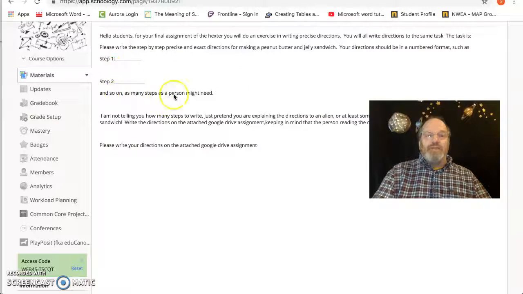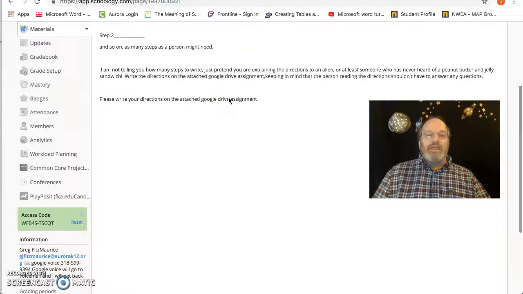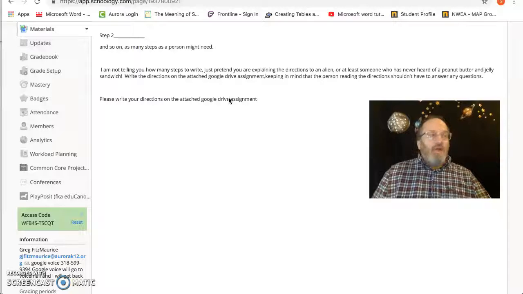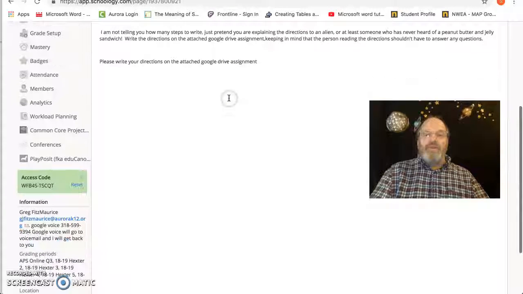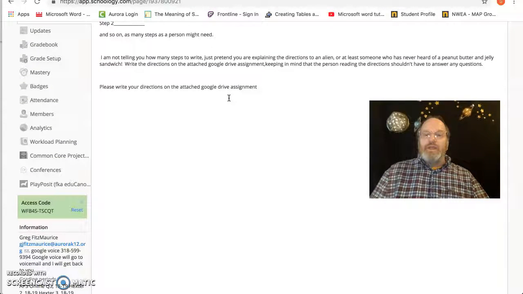And you can put as many steps as you think a person might need. I'm not telling you how many steps to write. Just pretend you're writing the directions for an alien, or at least someone who has never made a peanut butter and jelly sandwich before. So you can write them on this Google Drive assignment, keeping in mind that the person reading the directions shouldn't have to answer any questions.